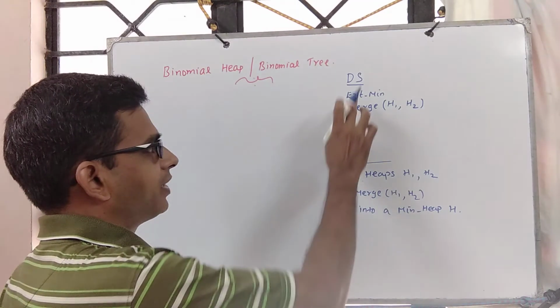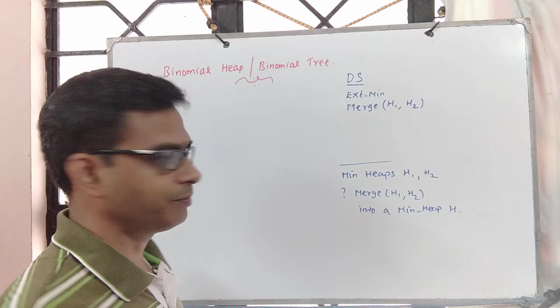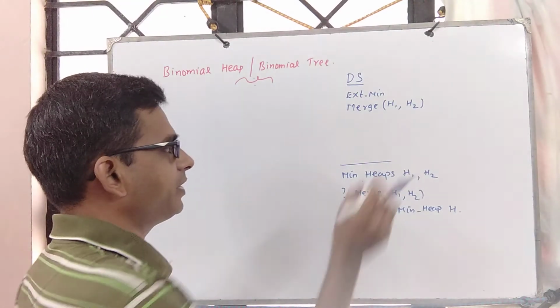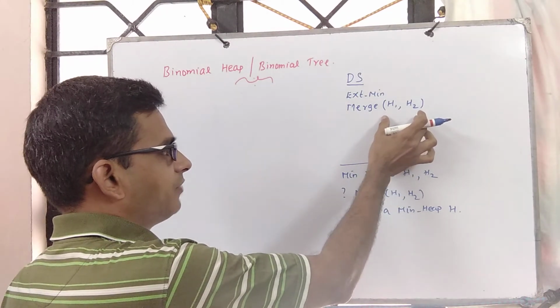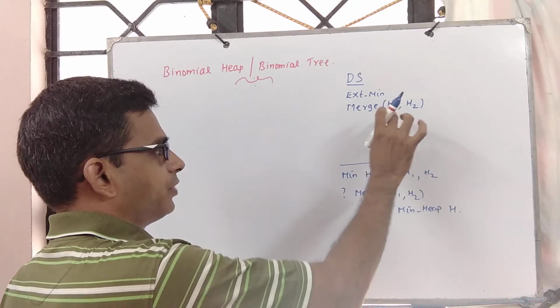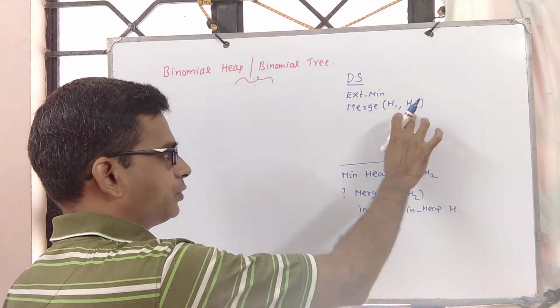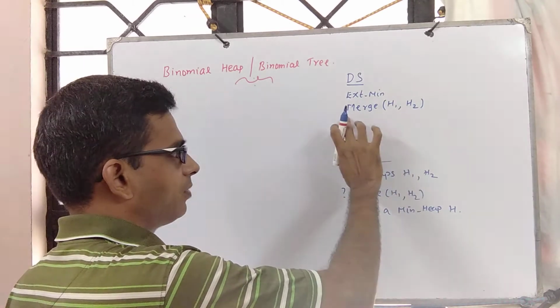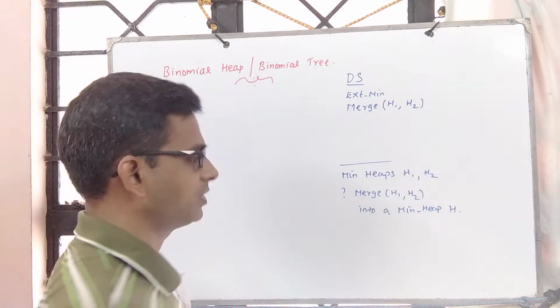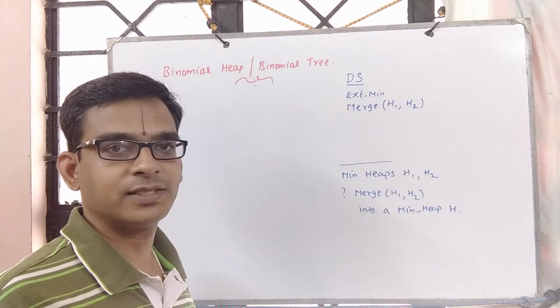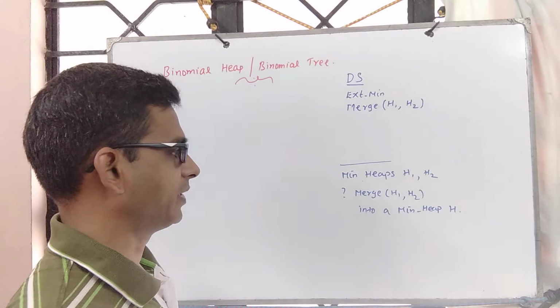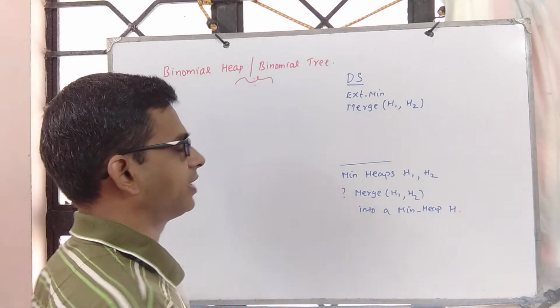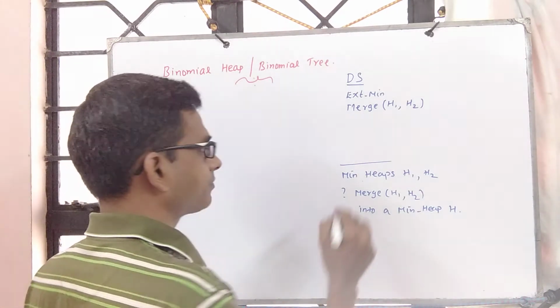So in general, you have a data structure satisfying some property. That property must be respected even after merge. So you are given H1 with some property, H2 with some property, and what is the complexity of performing this merge so that the resultant data structure respects that property. So that is the question that we are interested in.